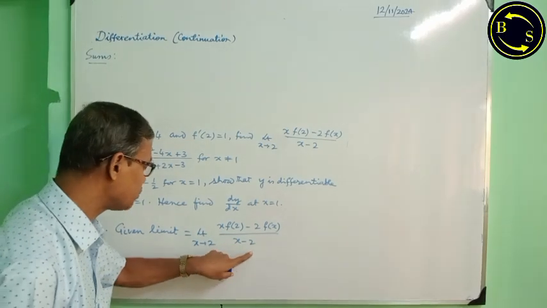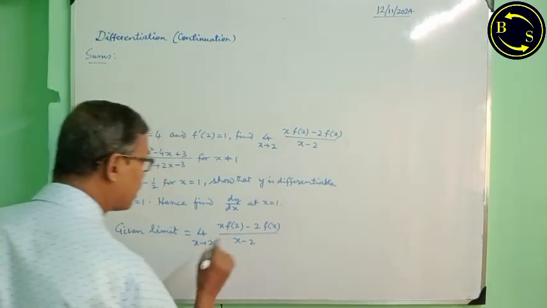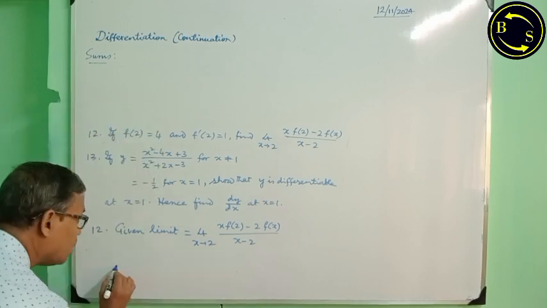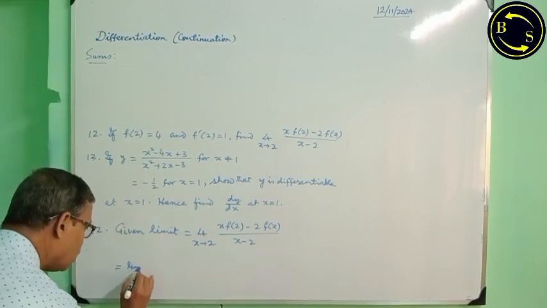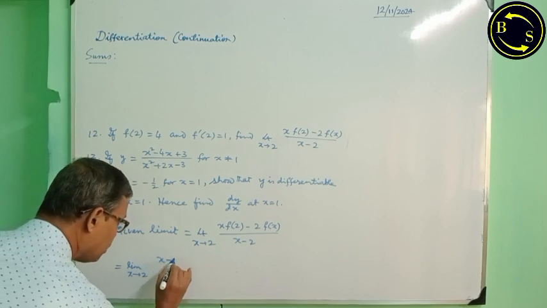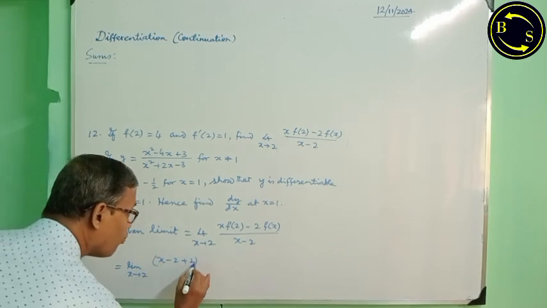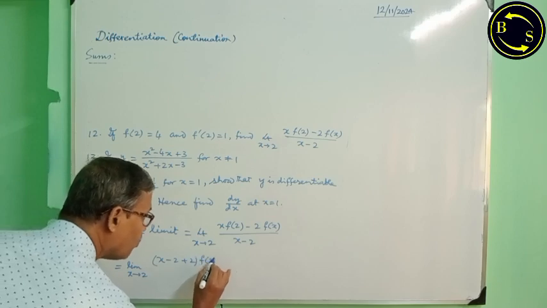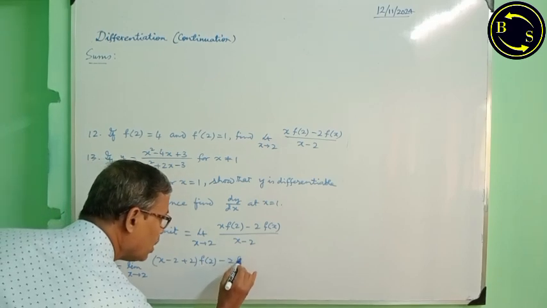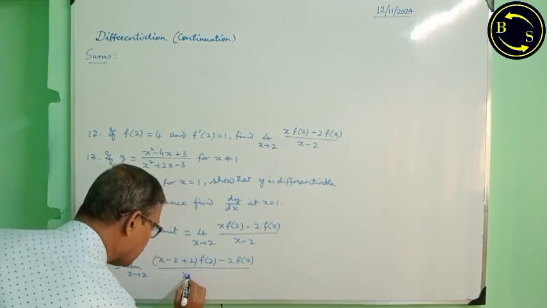Since denominator is x minus 2, I write in place of x, x minus 2 and adjust. That will be limit x tends to 2 of x minus 2 plus 2, see this, into f(2) minus 2 f(x) whole divided by x minus 2.